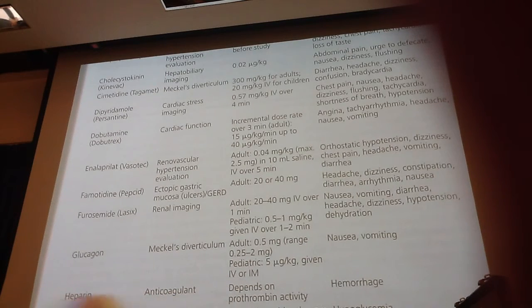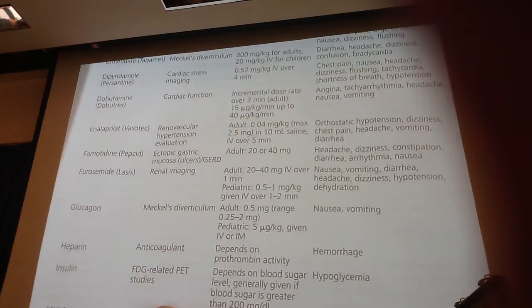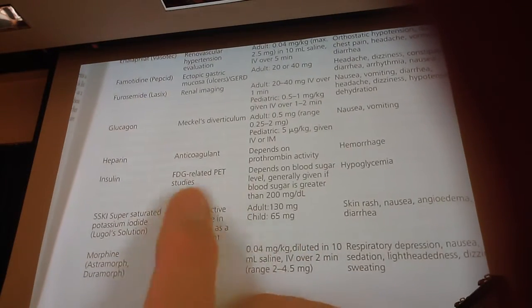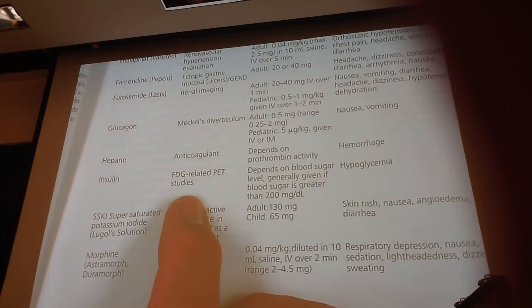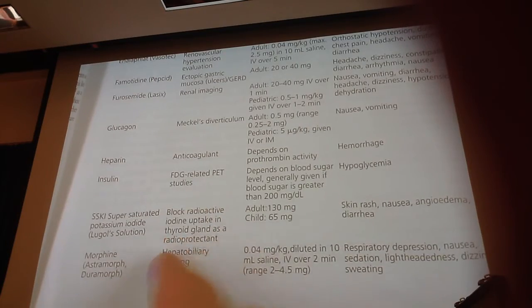Heparin you should be aware of. The bad news with heparin is we don't really use it that much anymore, except maybe when you're labeling red blood cells. I don't think anybody uses Coumadin. Insulin, you may or may not be using that, definitely for PET studies. Anyway, so you have an idea here.